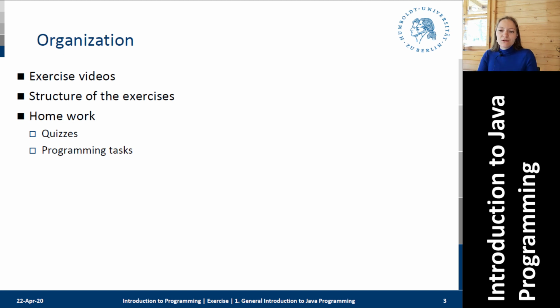So first is organization. There are six big topics covered in our lectures. Of course, there will be many more exercises, so I plan about two or three exercises for each topic, depending on its scope.